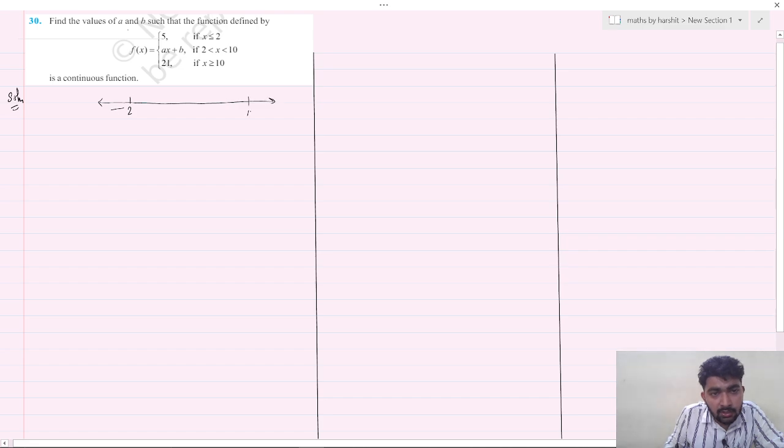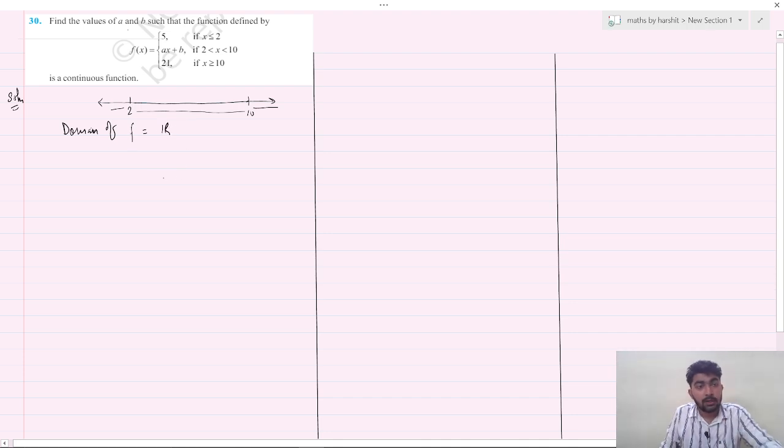Suppose here you have 10. After 10 the function is also defined, and at 10 also defined. So the domain of f is complete R.